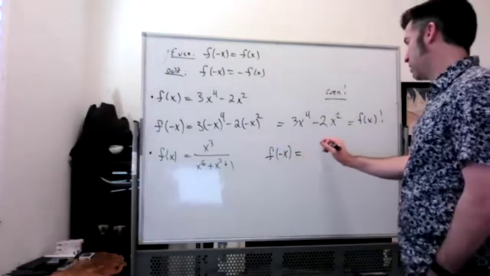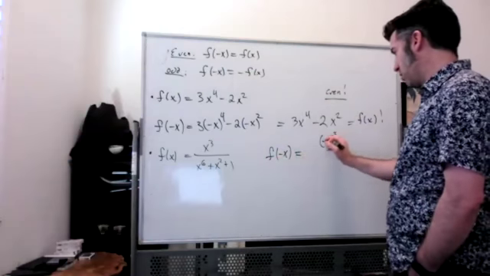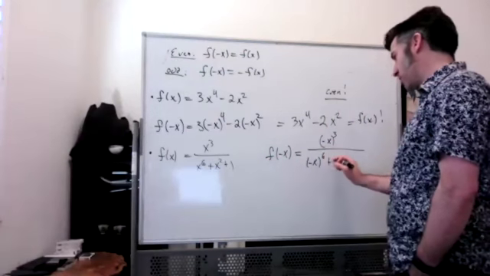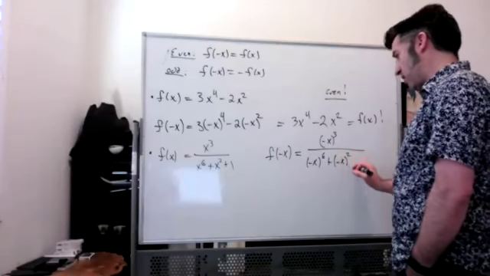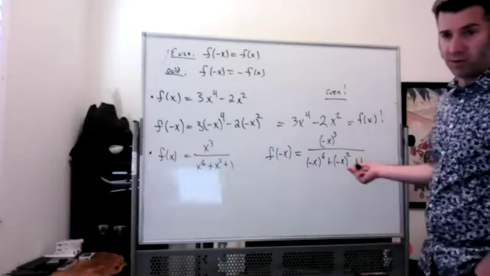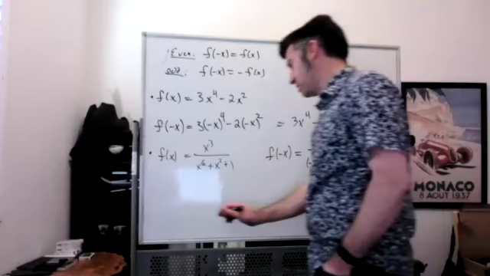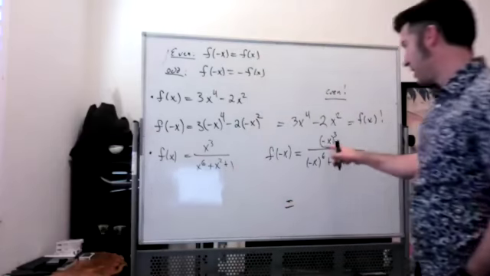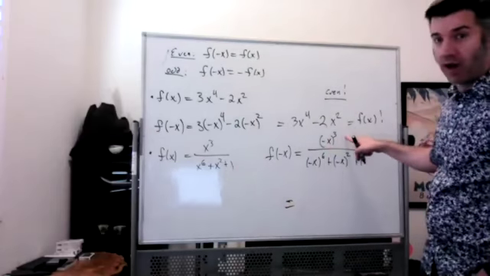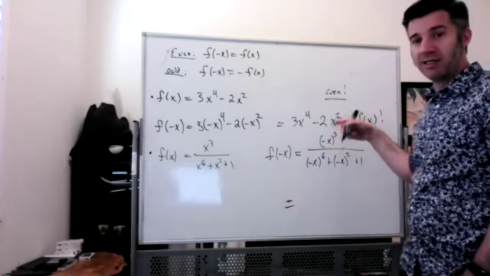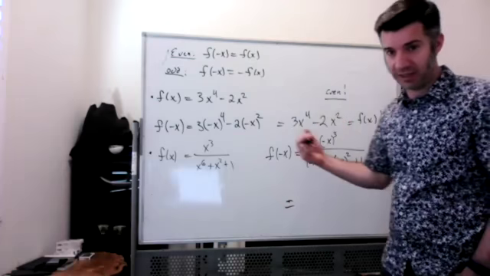Well, it's negative x quantity cubed over negative x quantity to the 6th plus negative x quantity squared plus 1. You're just plugging in negative x wherever there was an x. And then we're going to simplify this. So a negative x to the odd power is going to stay negative. So negative x quantity cubed is negative x cubed.